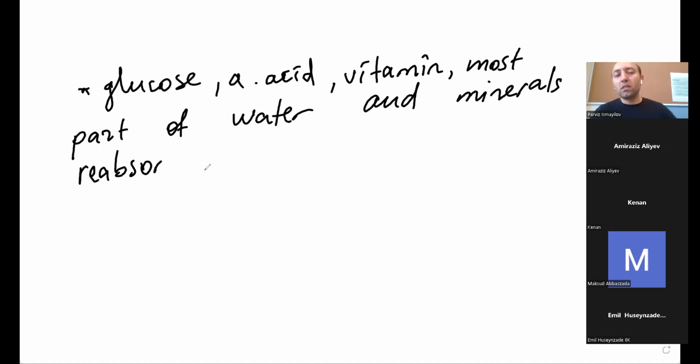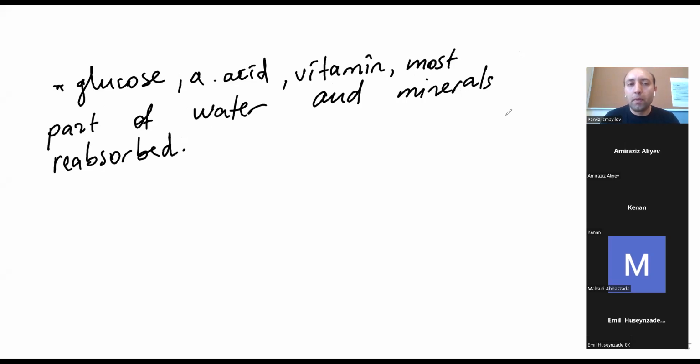Guys, do not mix this reabsorption with normal absorption, okay? You know that absorption belongs to the digestive system. Small molecules pass from the small intestine, and some of them from the large intestine, into the blood. This was absorption. But this process is reabsorption. Guys, reabsorption is mostly an active process. It needs energy.